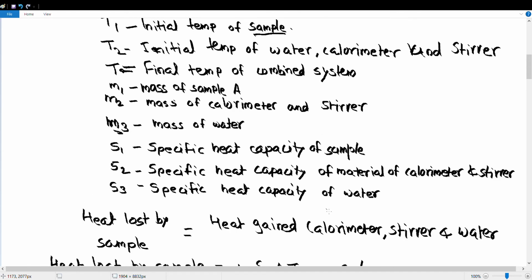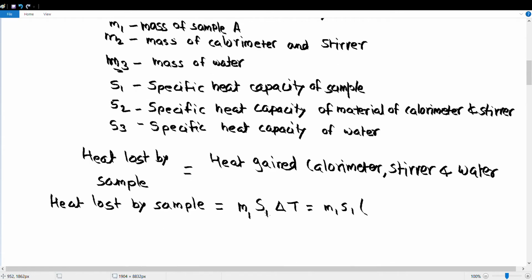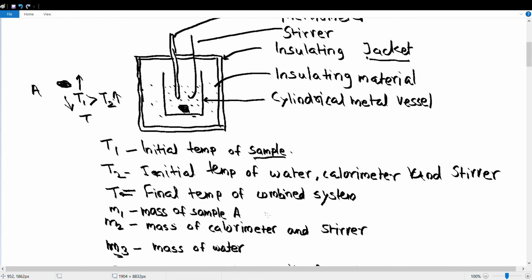The initial temperature of sample, T1, is greater than the temperature of the water and calorimeter.